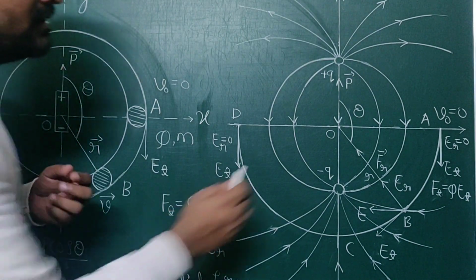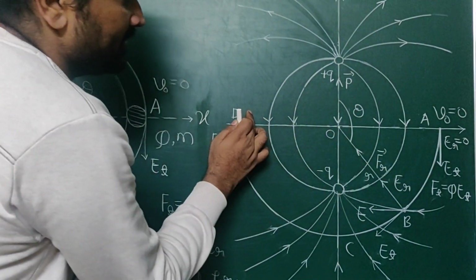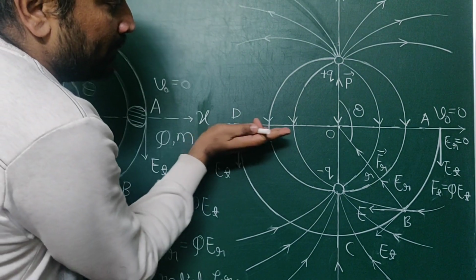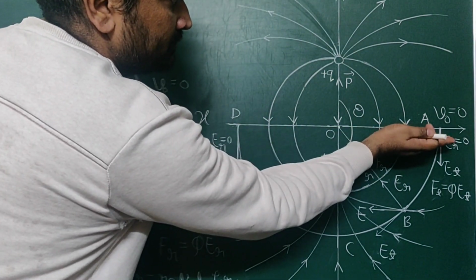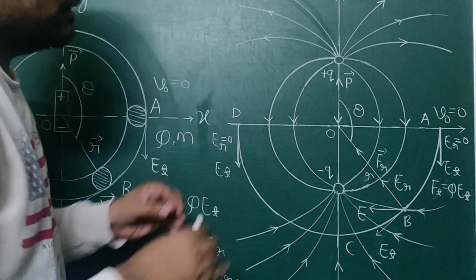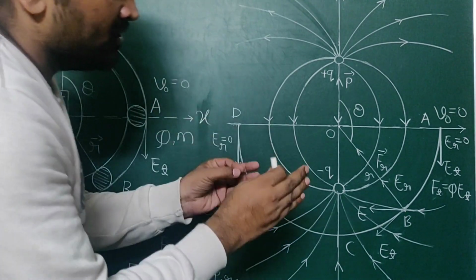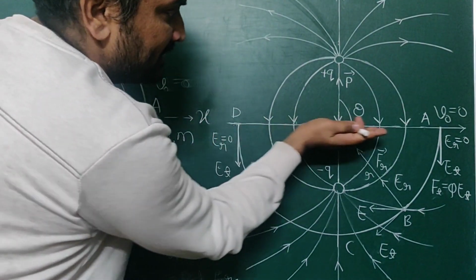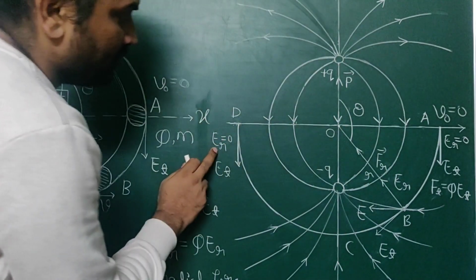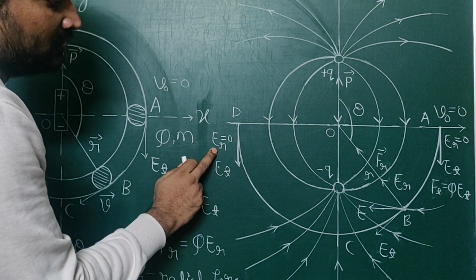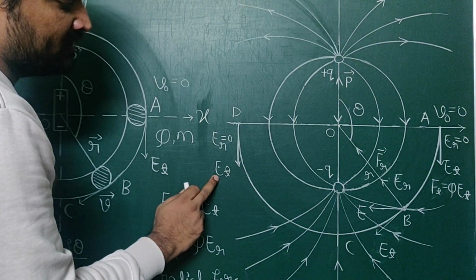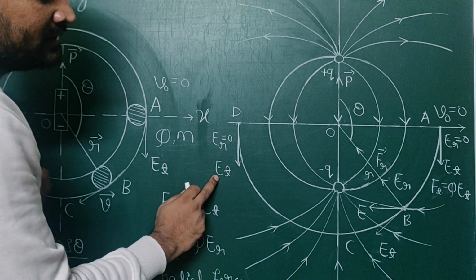It's because points A and D lie on the perpendicular bisector of the dipole. So, for any point lying on the perpendicular bisector of the dipole, the radial component of the electric field will be 0 and the tangential component will be present.